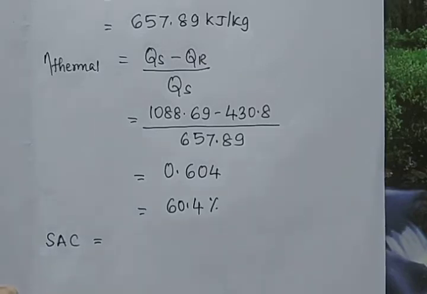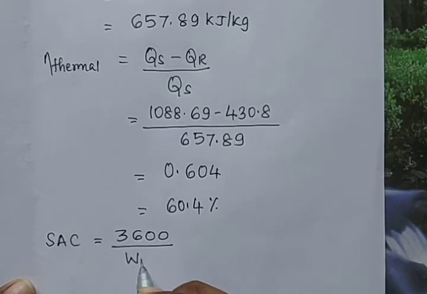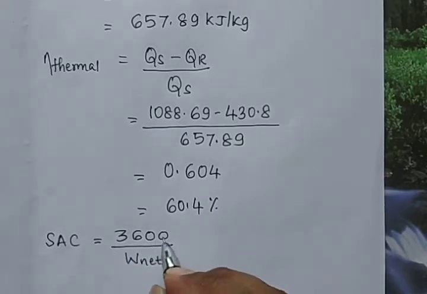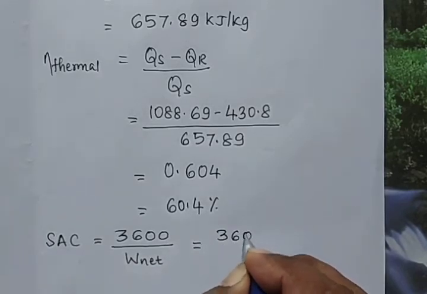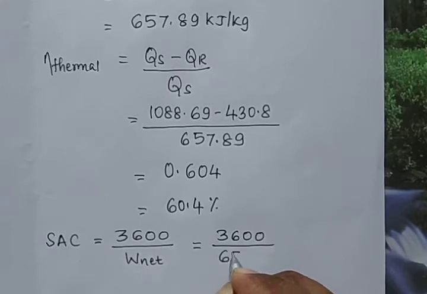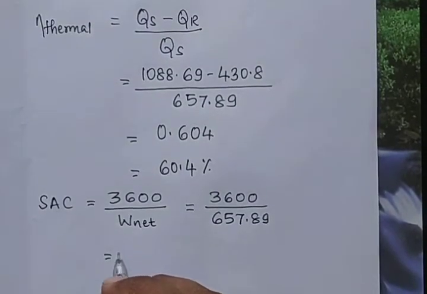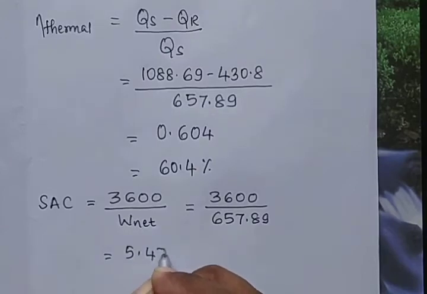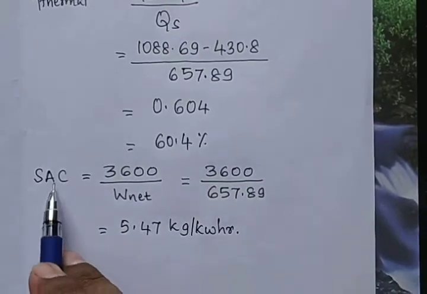Here we will be using the term SAC, that is specific air consumption, which is given by again the same 1 upon W net, and we are calculating it per hour, so we are multiplying it by 3600, that is 3600 divided by 657.89. So will be equal to 5.47 kg per kilowatt hour. This is what is specific air consumption.